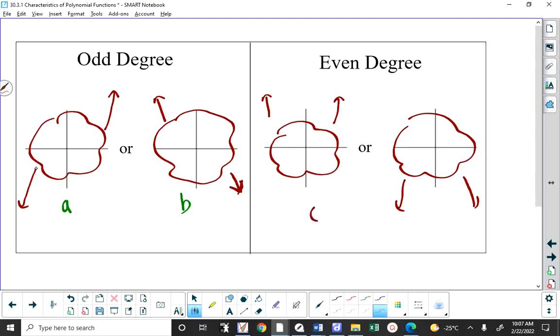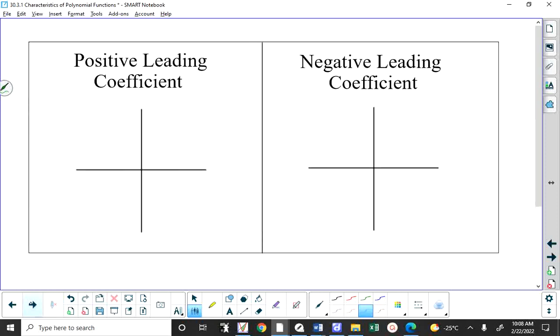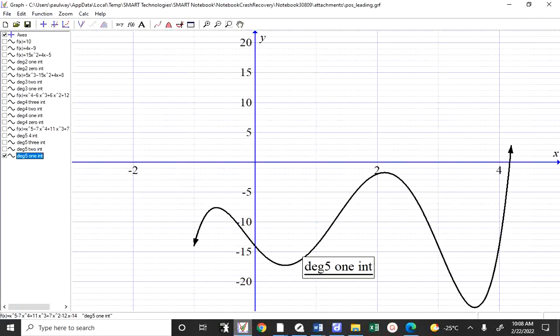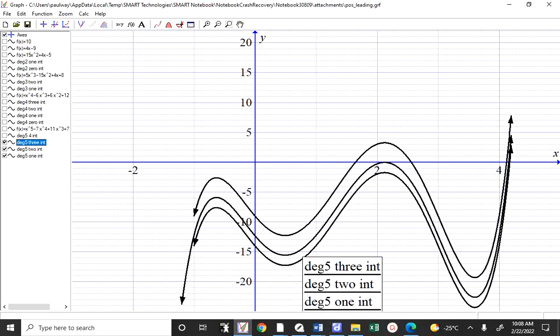If it's C or D, well, you can tell it's A or B by finding out whether it's odd. If it's odd, it's A or B. If it's even, it's C or D. But how can you distinguish between whether the arms are in one particular orientation or the other? Well, I'm going to go to my graph again, and I am going to put up all of these.